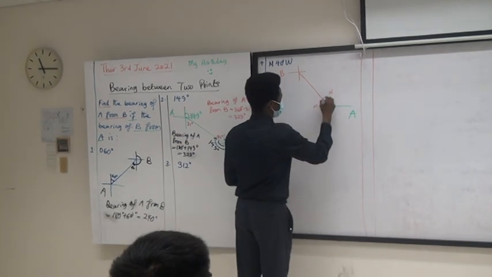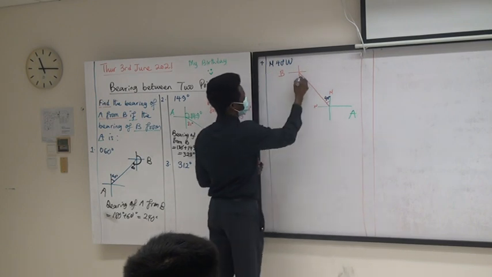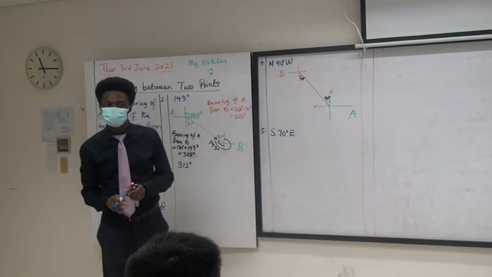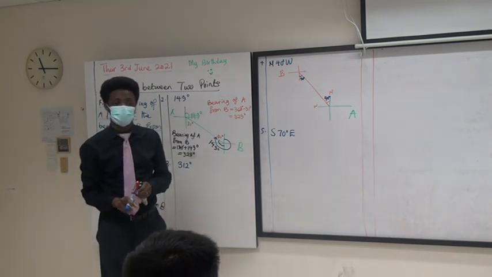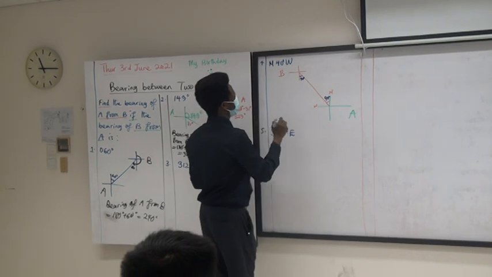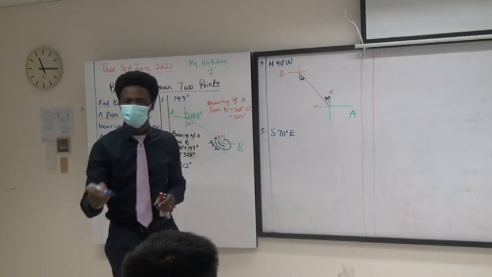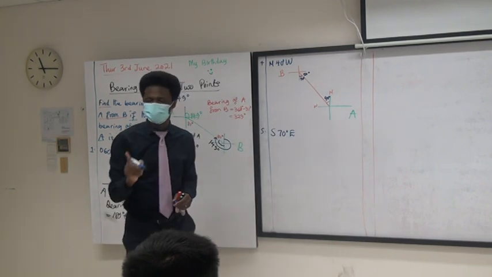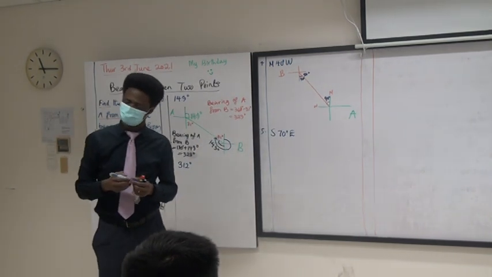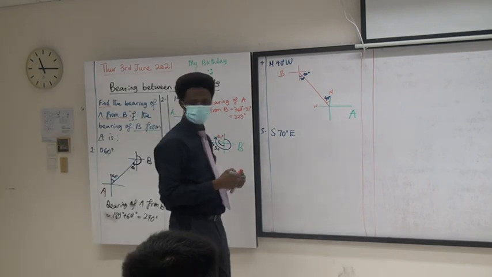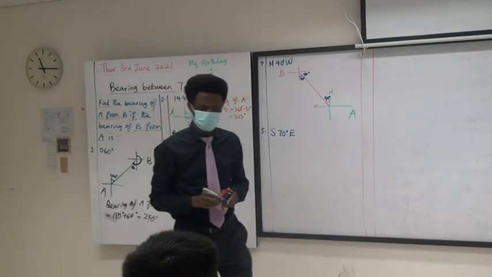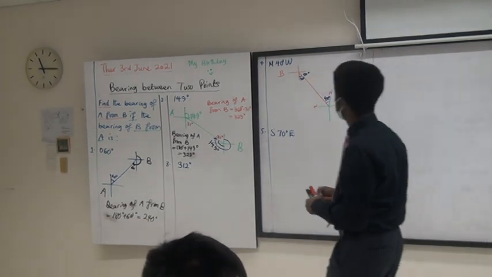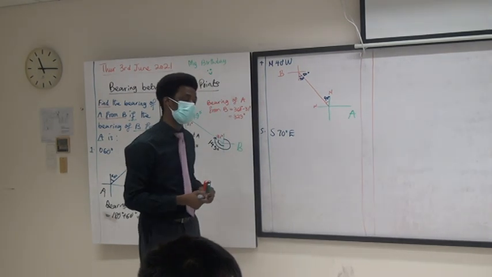Because if this is 40 degrees, automatically this is what? So the bearing is between what and what? South and east. So, is it going to be south 40 east or south 50 east? Because this is 50, right? Kiana, is it going to be south 40 east or south 50 east? The bearing that I'm looking for.